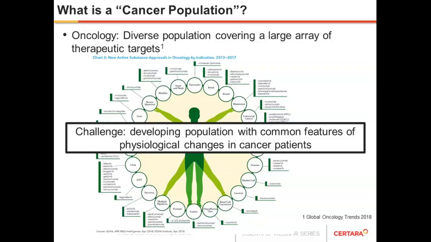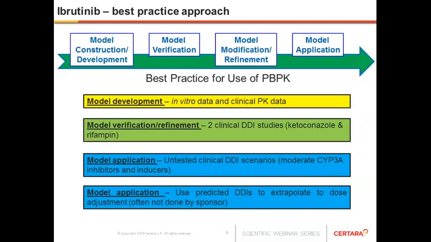So the real challenge that we had in creating a PBPK population was looking at what common features and physiological changes we need to take into account when developing a cancer patient population.